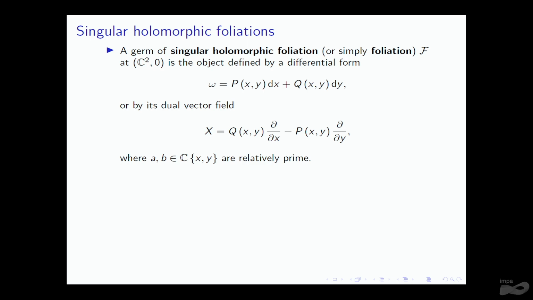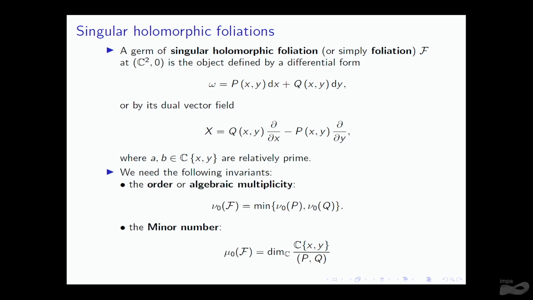I also talk about the dual form. They define the same singular holomorphic foliation at C2, 0. I start by presenting two basic invariants: the algebraic multiplicity, which is the minimum of the orders of Q and P, and the Milnor number, which is the dimension of the local algebra.